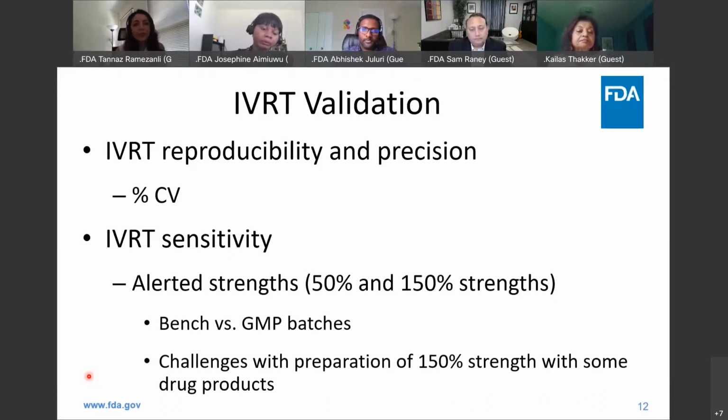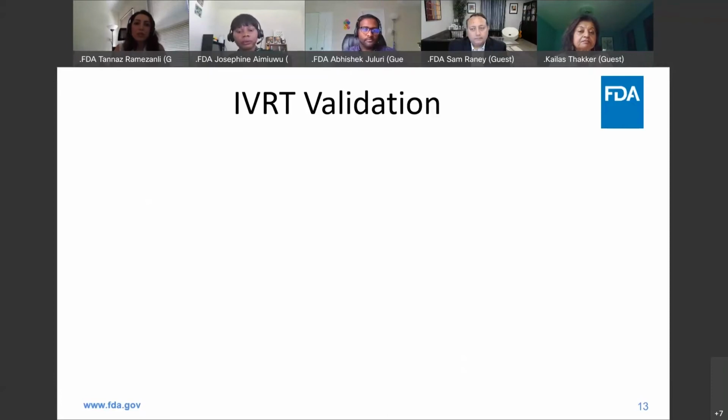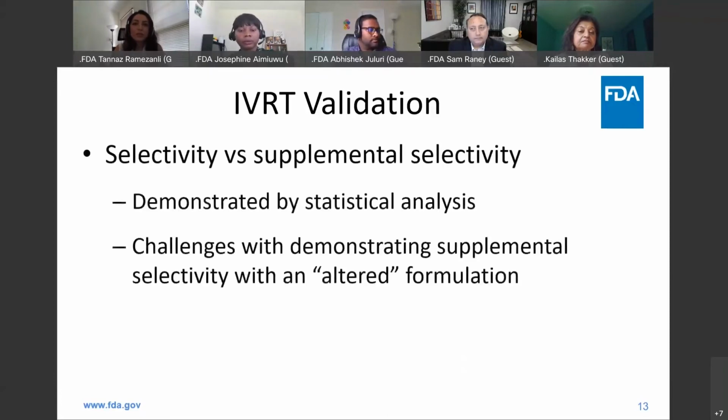Okay, thank you. Let's move to the next slide, which is the selectivity study versus supplemental selectivity. We heard from Sam earlier today what the distinction between these two is, and we would like to note that this should be demonstrated by statistical analysis, especially selectivity. I think one thing that we can clarify is the altered formulation for the supplemental selectivity study.